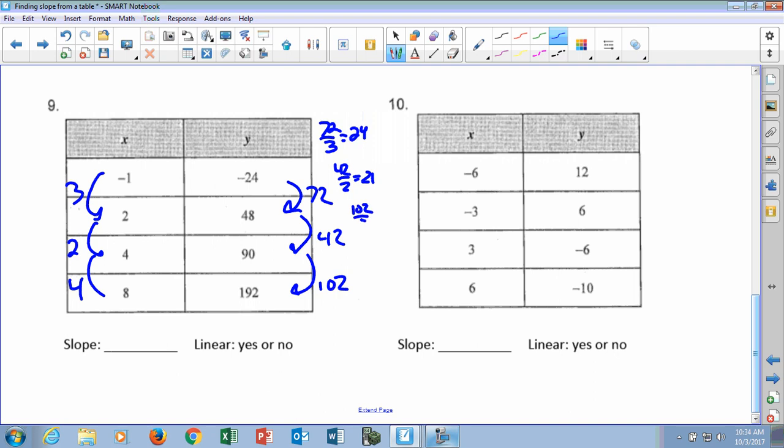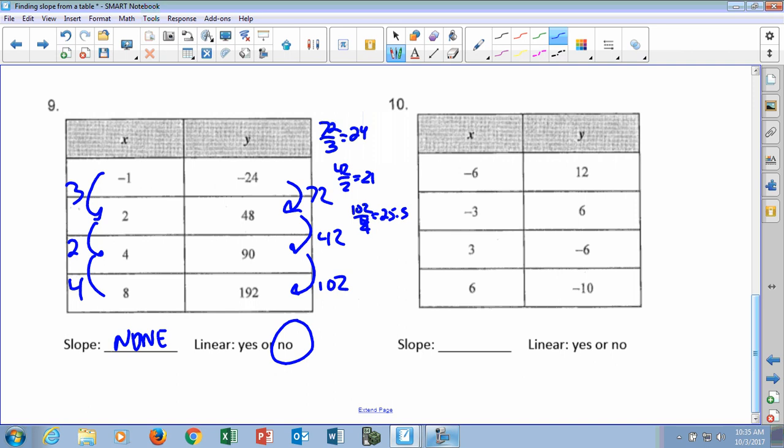And 102 over 4 is 25 and a half. So none of these are the same. So this is not linear. And basically the slope, there's none. There's no slope, because there's no constant rate of change. None of these are constant. All 3 changes are different numbers.